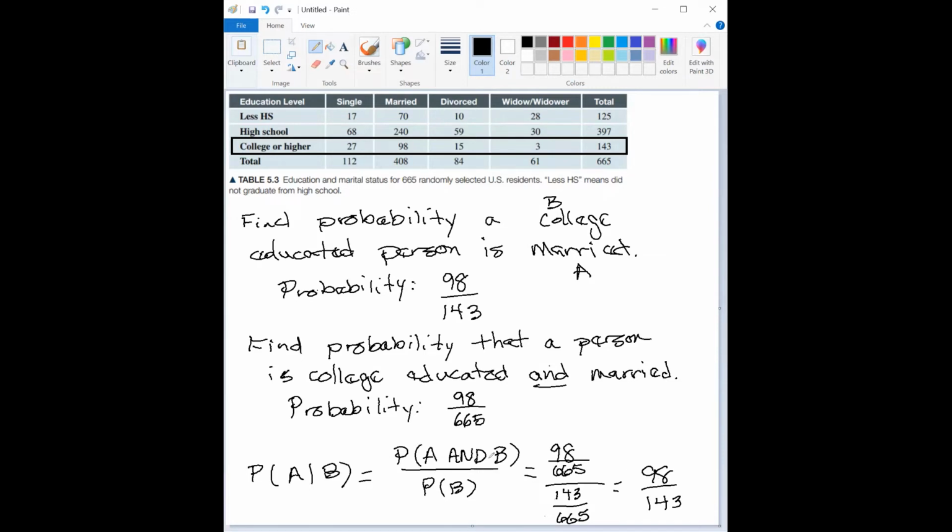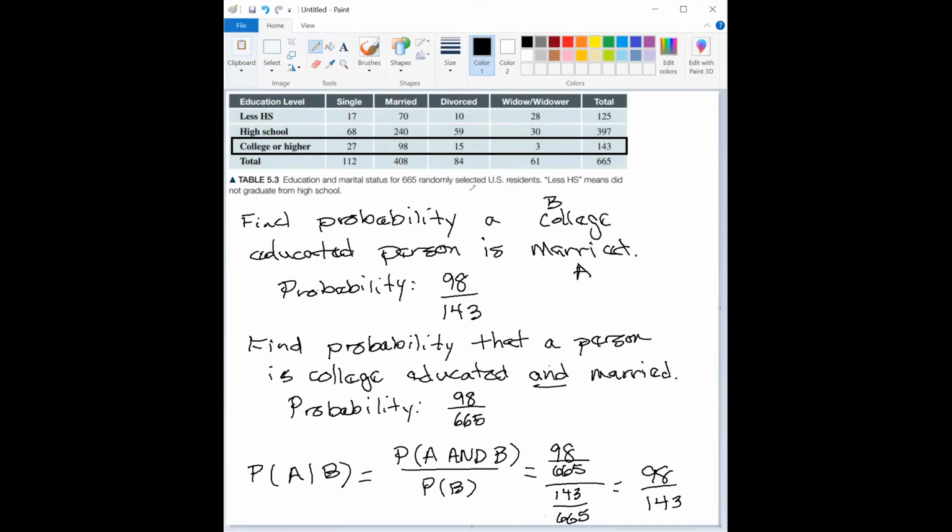Basically, what this enables us to do is find the probability using the formulas from the last section. We can rely upon the methods that we used in the last section, rather than invent a new method, this idea of restricting the sample space. But I like restricting the sample space better.